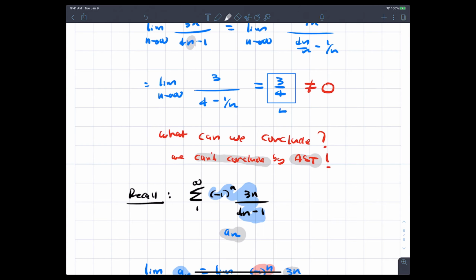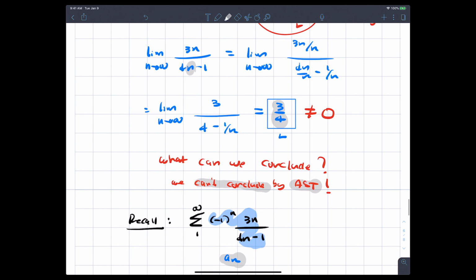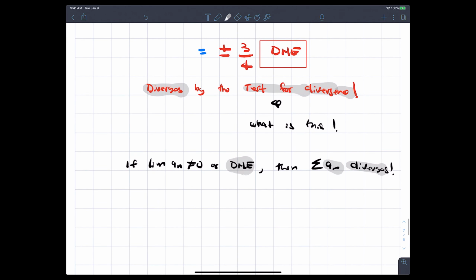But if you look at this as a series as a whole with an, then we can use the fact that this goes to a finite value. We can still conclude that this series diverges, by the test for divergence. And this is an interesting idea here, and they're linked together. If we notice that's a finite number, certainly not 0, we can't say anything by the alternating series test, meaning we can't conclude convergence, but we can use the test for divergence and say this diverges.